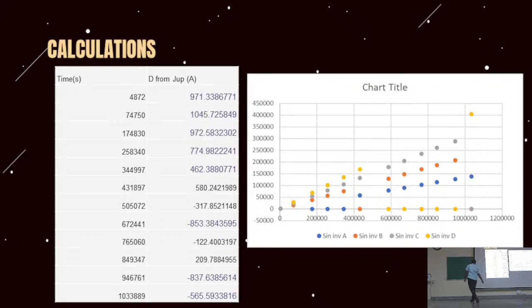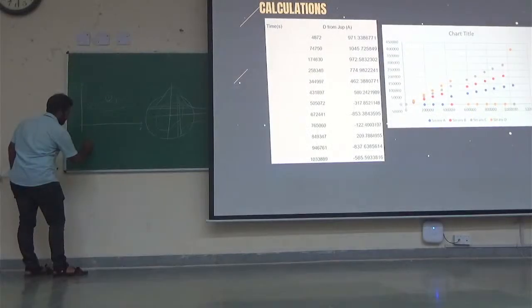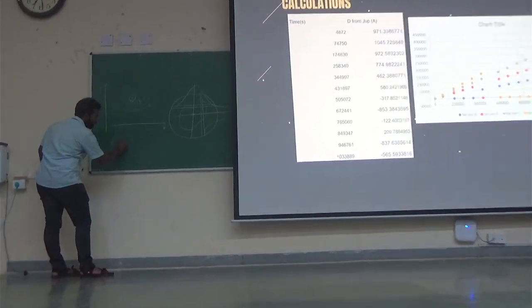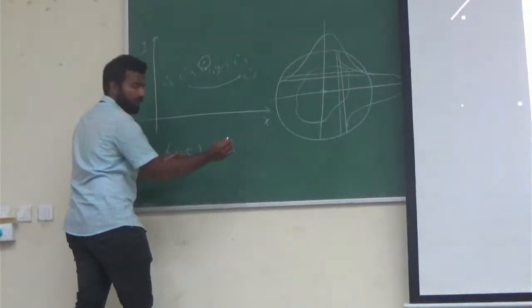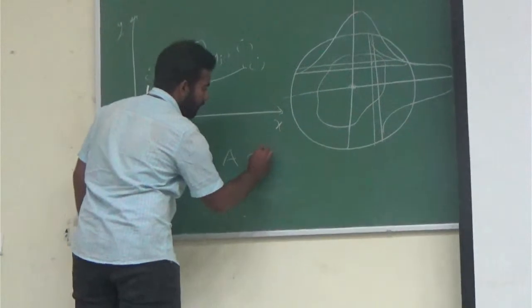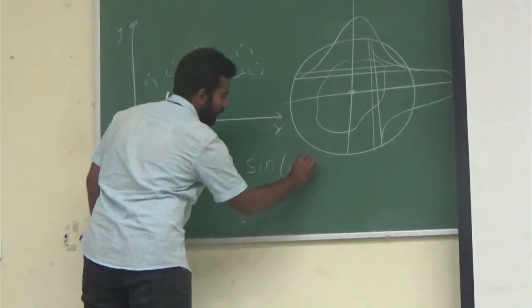And after doing that, as you saw in one of our assumptions, the orbits were circular, right? So how do you construct a circle? It's a combination of sine and cosine. So if you see a circle in this thing, it should follow a sinusoidal. So what we did was say the distance as a function of time is just amplitude A sine of omega t.